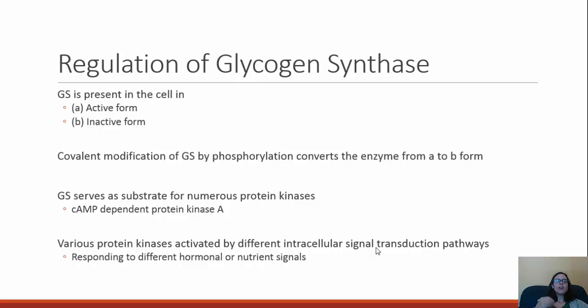Okay, so various protein kinases are activated by different intracellular signal transduction pathways, such as a hormone or a nutrient signal. So the hormone or nutrient signal is the first messenger, and then activates protein kinase, which phosphorylates glycogen synthase, which makes it inactive.